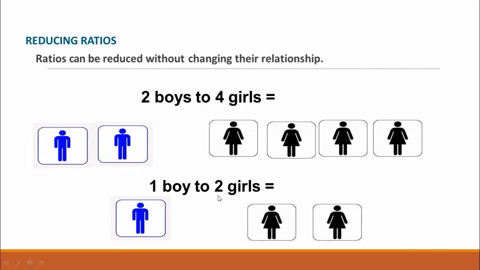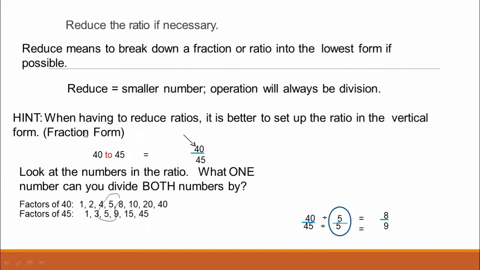And if simplification is possible, then we can reduce the ratios. Now, how to reduce the ratio if necessary, I want to tell you again by this example. Reduce means to break down a fraction or ratio into the lowest form, the simplest form if possible. Reduce means smaller number. The operation will always be division.